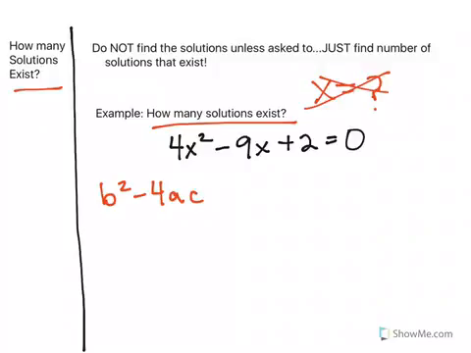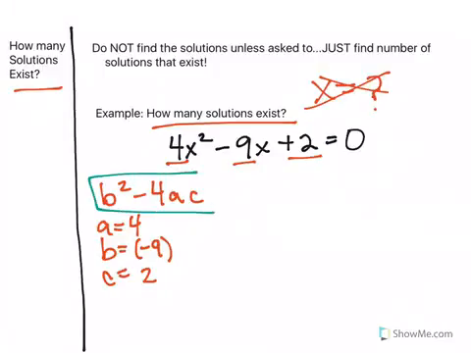Once again, we need to know our values for a, b, and c. So a equals 4, b equals negative 9, and c equals 2. Now you're just going to plug those values into the discriminant.